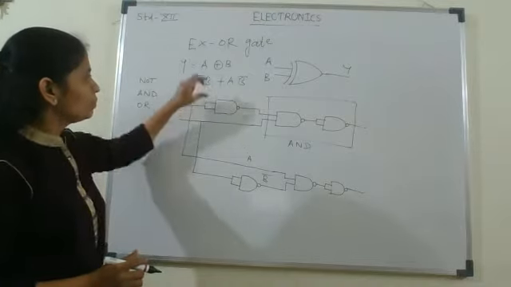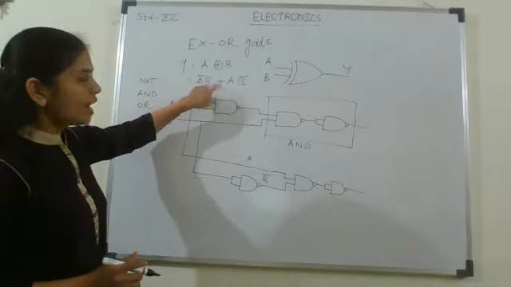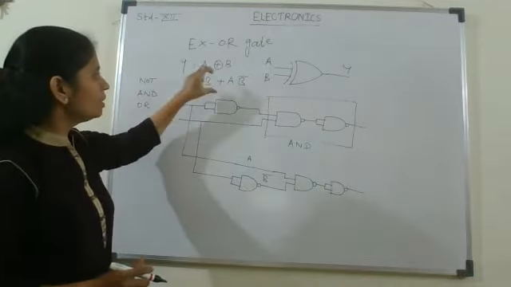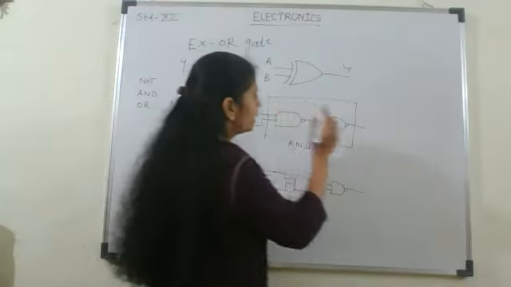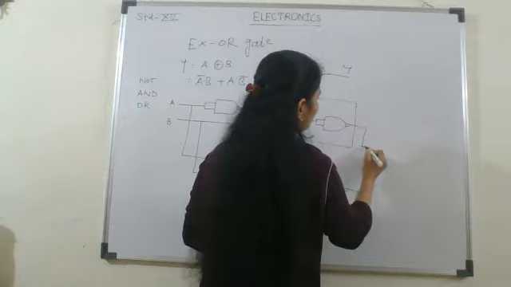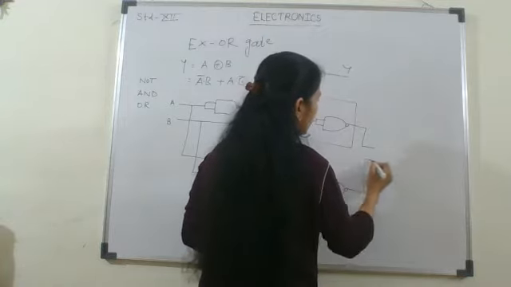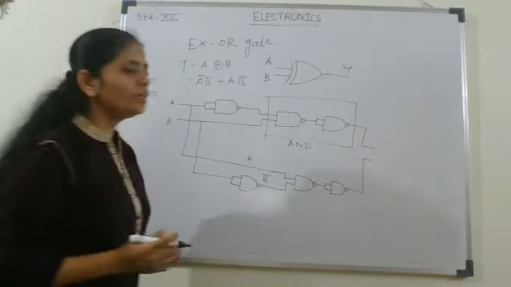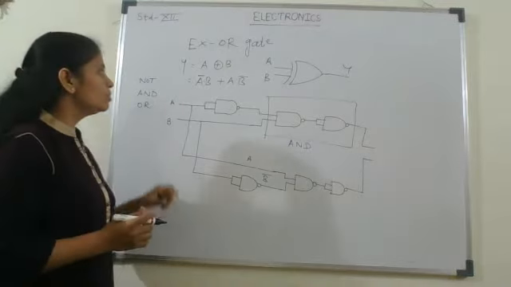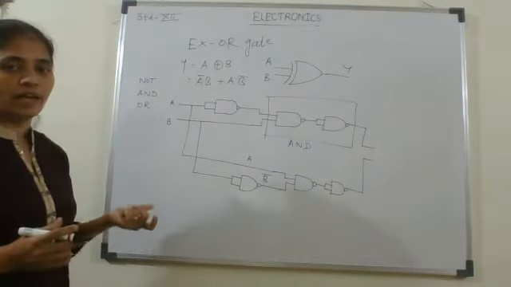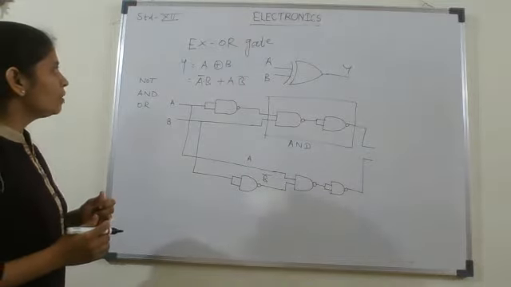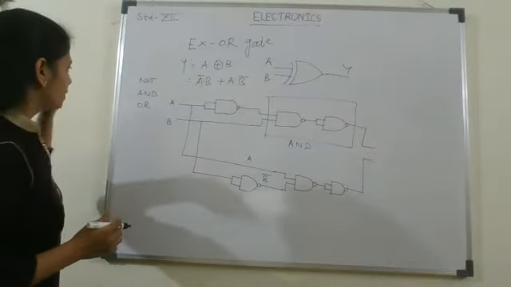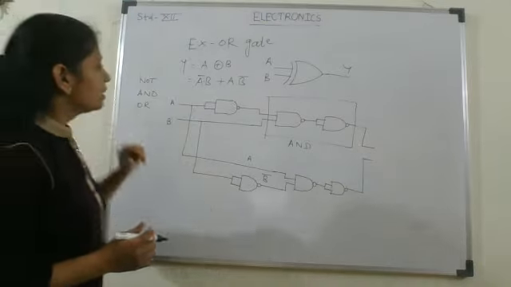Now what do we have to do? We have to add these two. Add means we have to use an OR gate, using NAND gate. So as we draw the diagram of OR gate using NAND gate, how can we draw the diagram of OR gate using NAND gate?